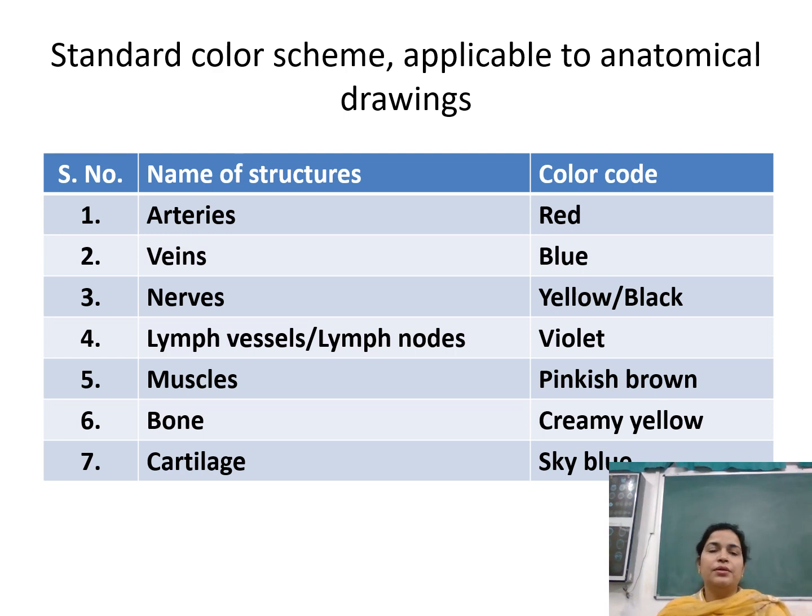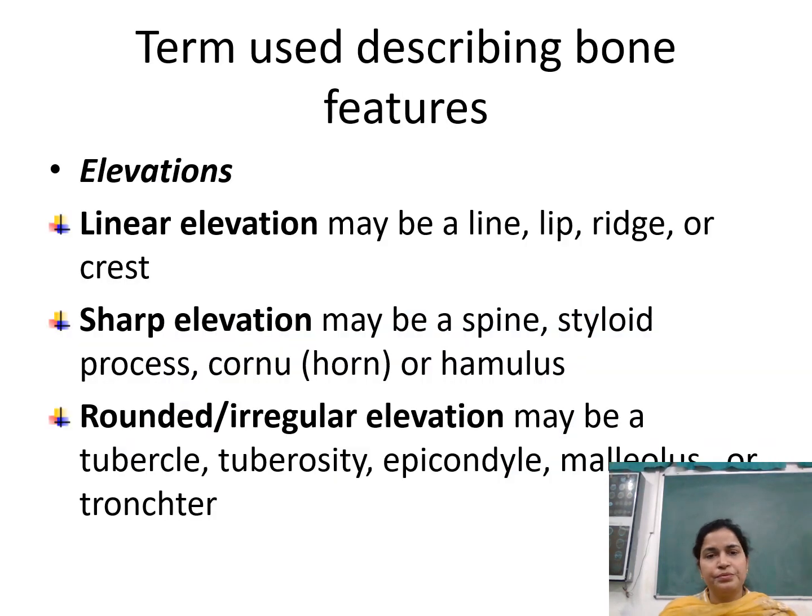Veins in blue color, again showing the lumen. Then nerves, which are solid structures, in either yellow or black color. Lymph vessels, violet color. Muscles, pinkish brown. Bone, yellow again, and cartilage, sky blue. This is the color code used.